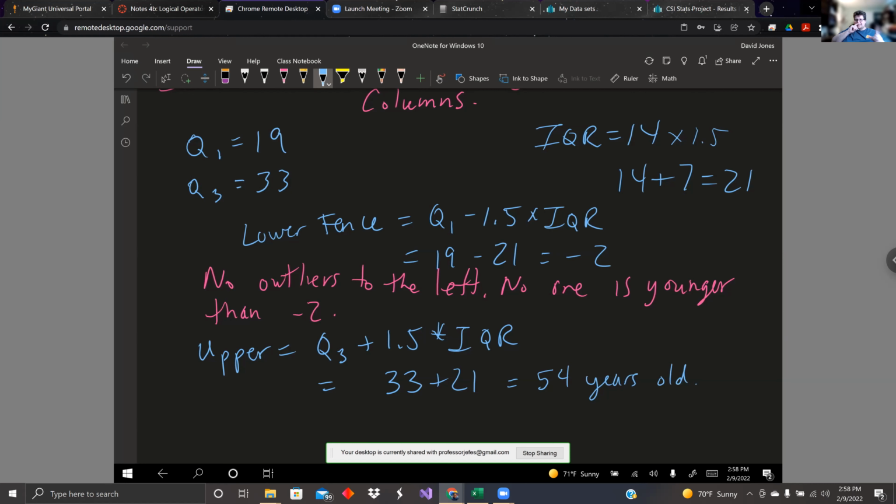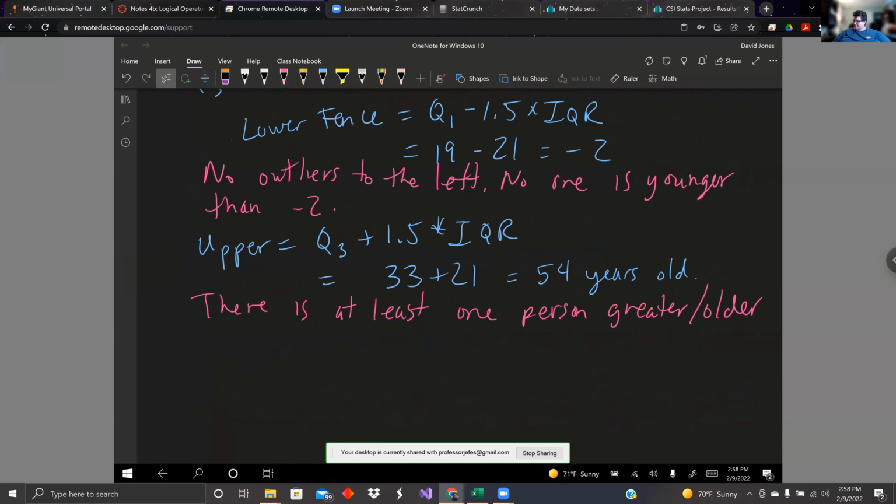Now I know there was at least someone in their 70s, so 79, 74. There is at least one outlier bigger than this, at least one person greater than this value, or older, is another way of saying it. Greater or older than 54. So we will have outliers to the right.